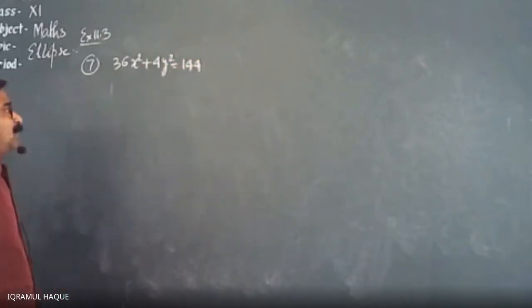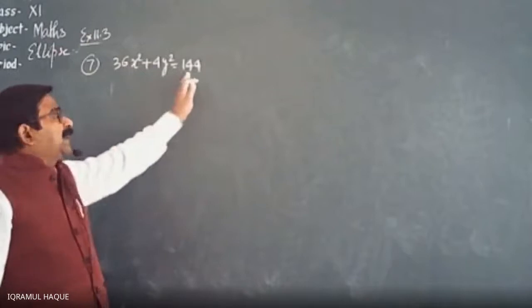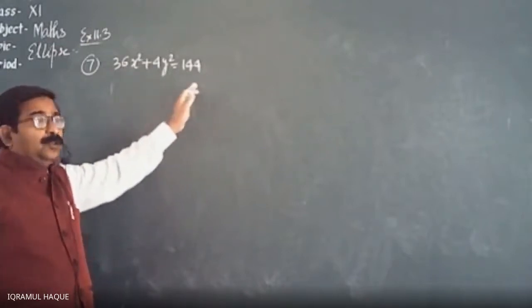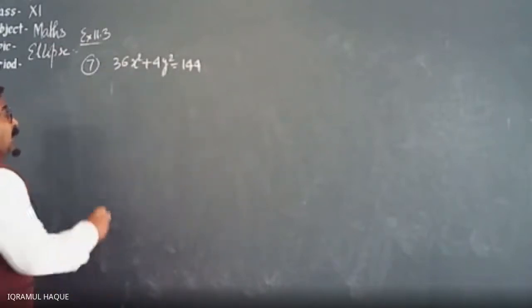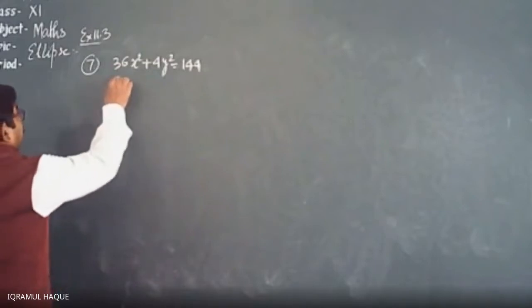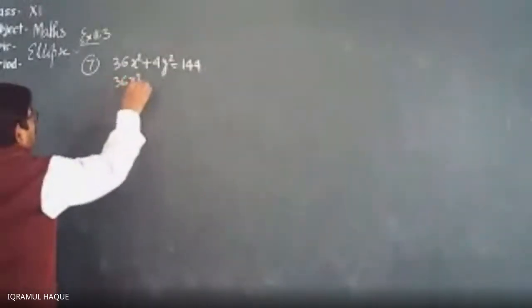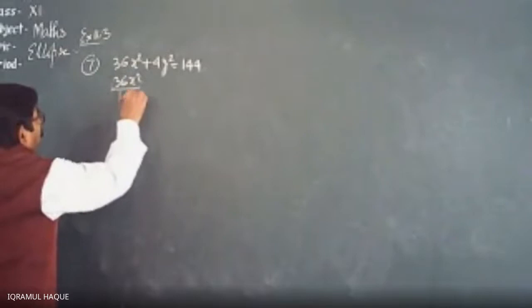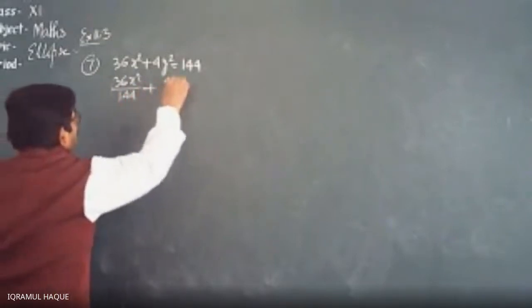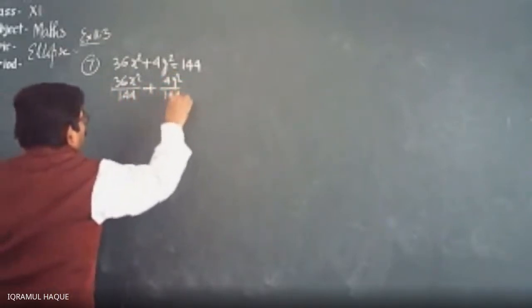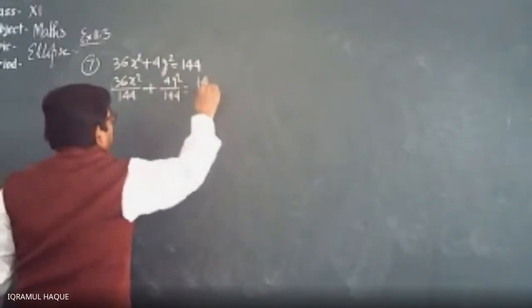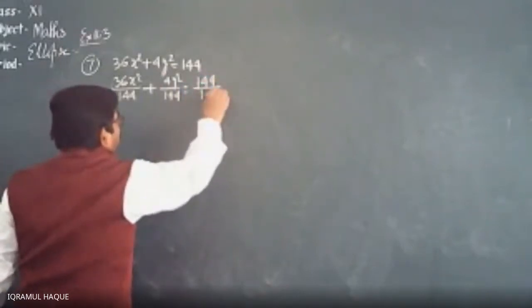You have observed that on the right side we need 1. So divide the whole equation by 144. So we have 36x square upon 144 plus 4y square upon 144 is equal to 144 upon 144.